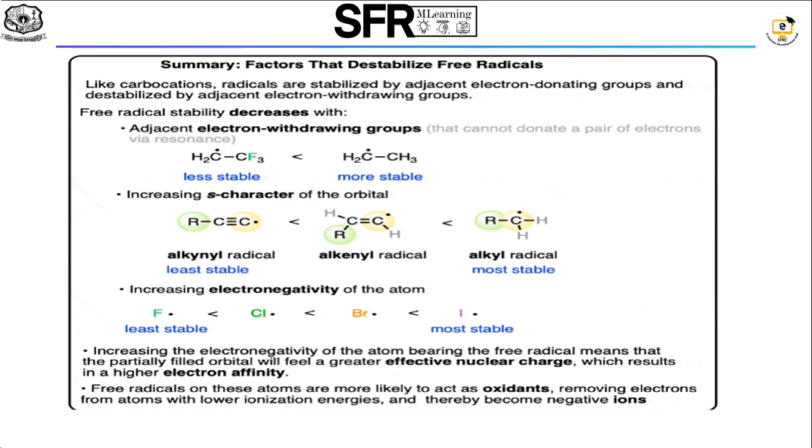So comparing electron withdrawing and electron releasing groups, the releasing group attached to the free radical is more stable.